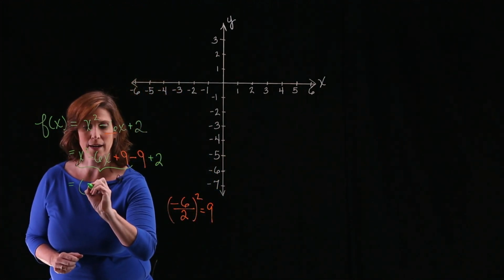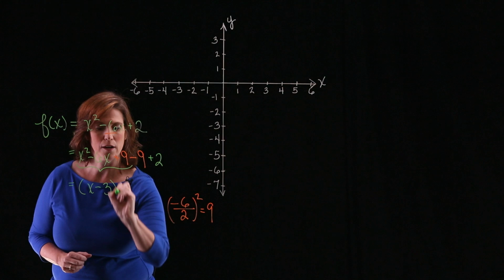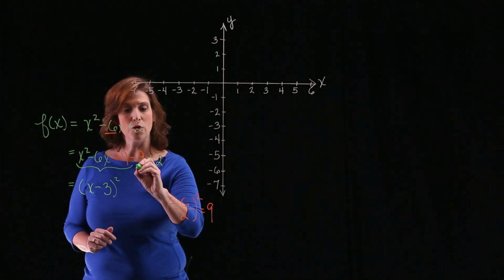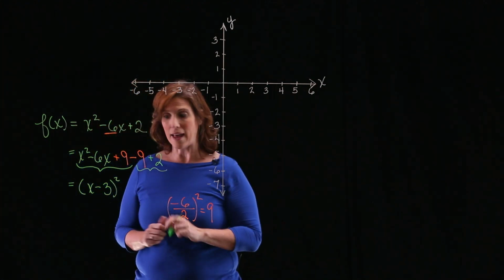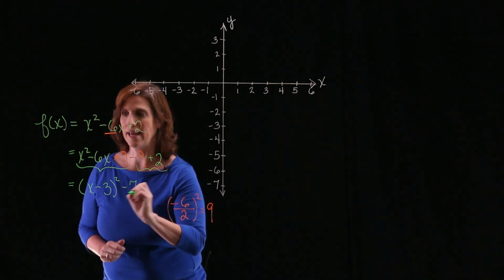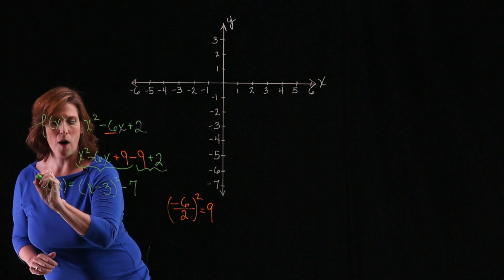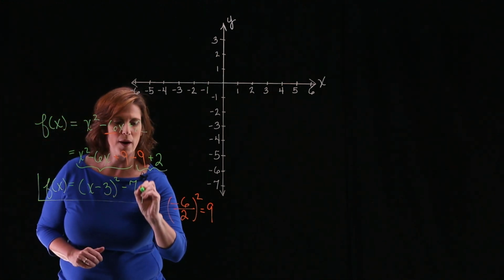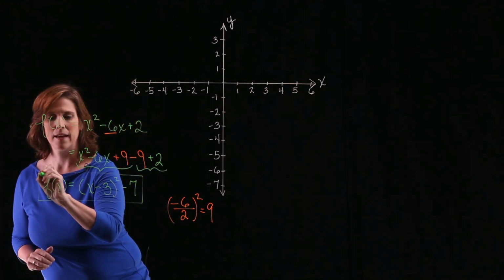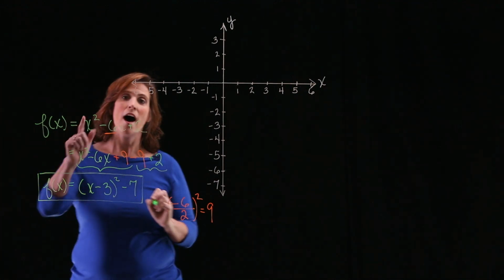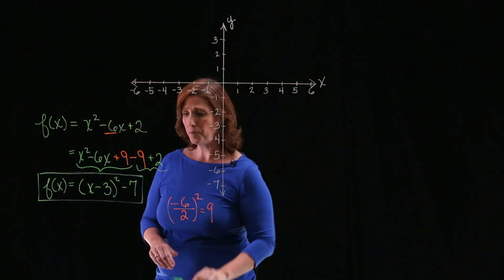So this will be the quantity x minus 3 squared. And then I'll group the minus 9 and the plus 2 together, and I have minus 7. f of x equals the quantity x minus 3 squared minus 7 is the standard form of my original quadratic.